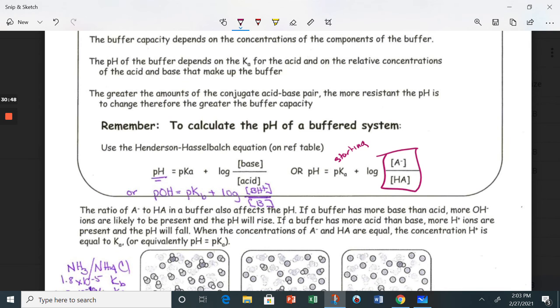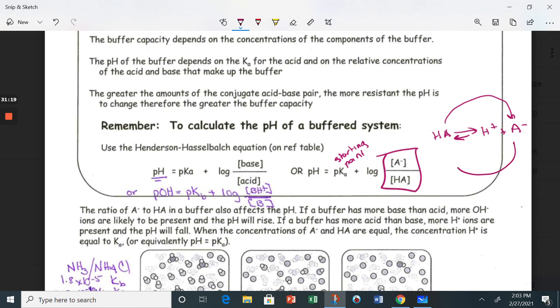And a buffer works by going back and forth in your equilibrium. And guys, so do indicators, because the reason why they change color is their equilibrium shifts. Let's say phenolphthalein would be colorless at one pH, and then it's pink at the other pH, and it's this back and forth. Essentially, you're in this roundabout thing where you make this, and then this goes back to this.